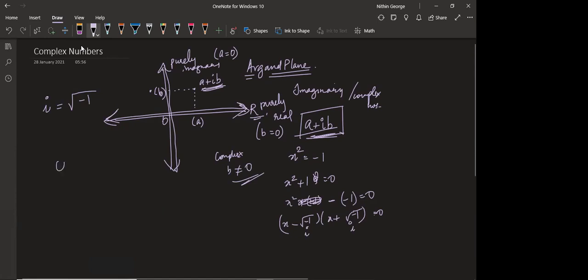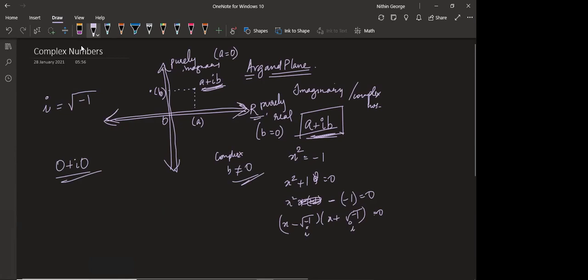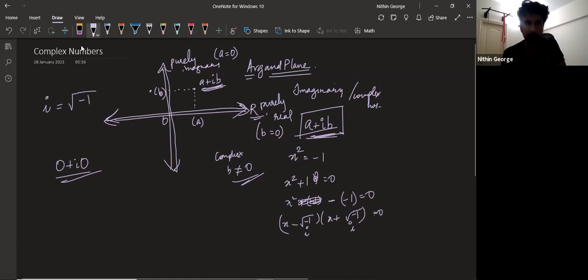Okay. Is this a purely real number, purely imaginary number, or imaginary number? Which category does 0 plus i into 0 fall into? It's the origin, sir. You're talking about the origin, yes, but which category does it fall into? Purely imaginary, purely real, or complex, or none of these?